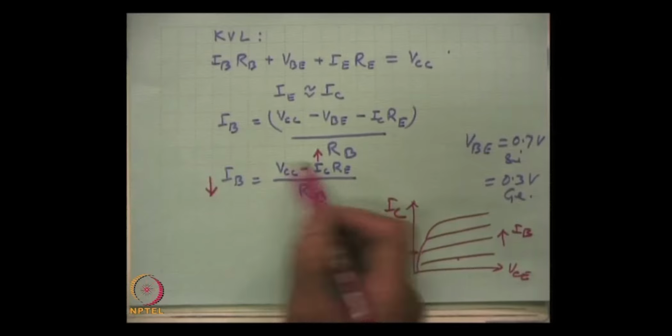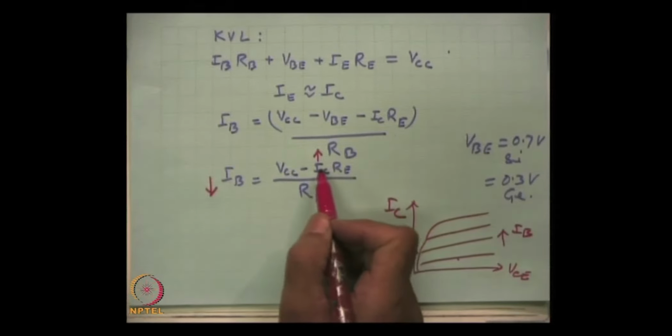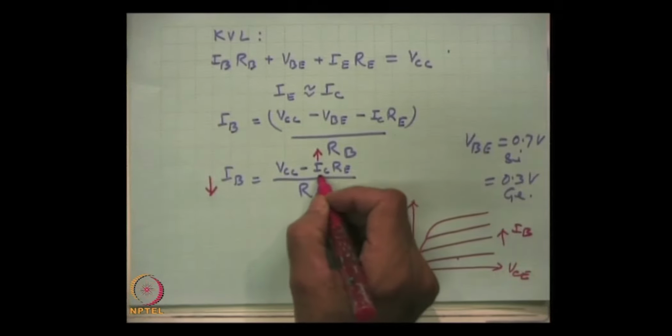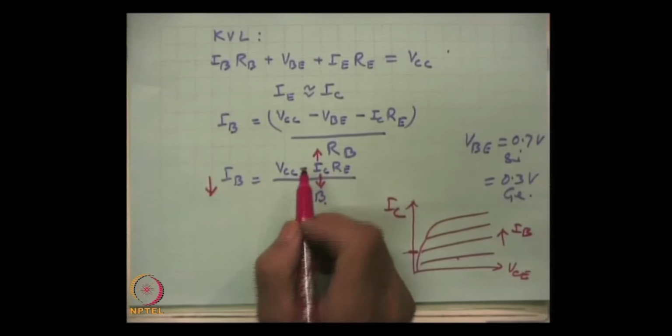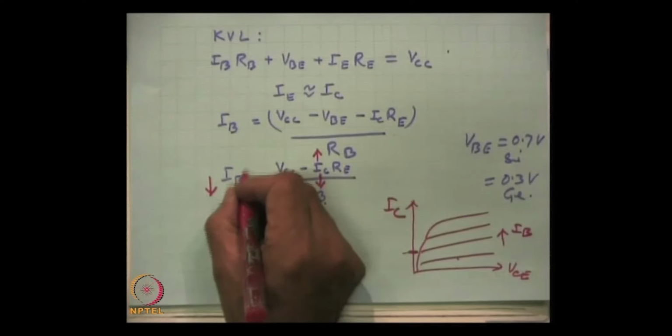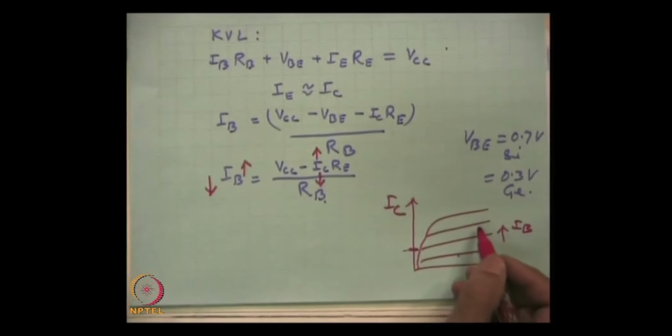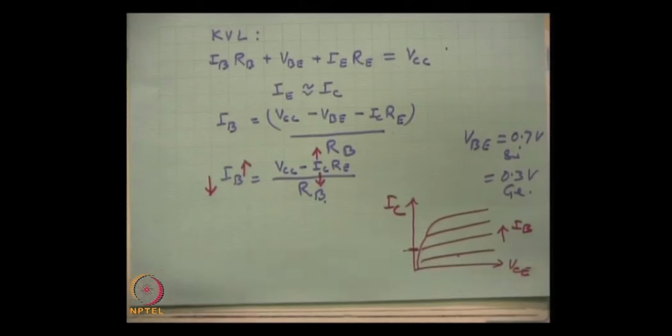So, this is the corrective measure: if the collector current falls, then this term will acquire higher magnitude and the input current will increase, and that will again take care of the fall in current; it will enhance the current.